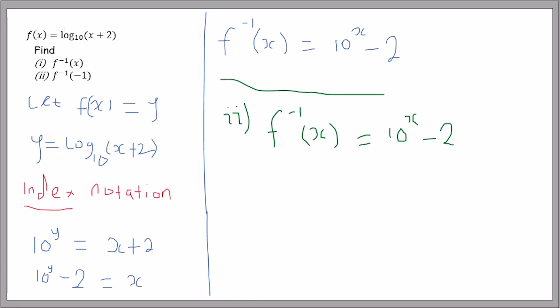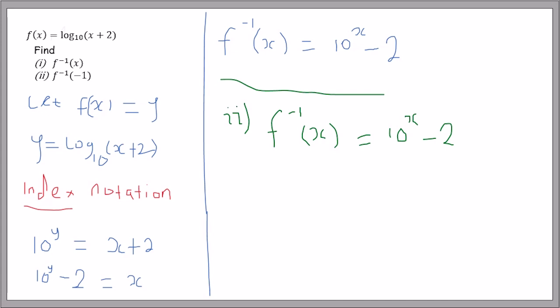Assuming that was given, and they told you to find the f inverse of -1, it means that wherever there is x, we just put this -1.